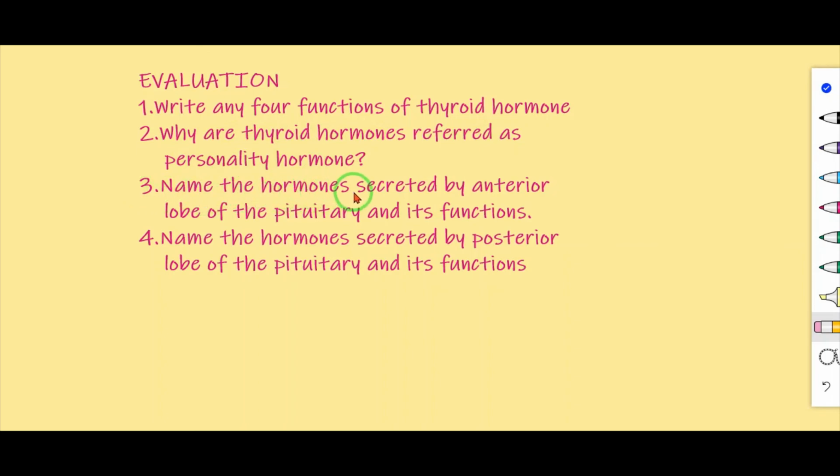Name the hormone secreted by anterior lobe of the pituitary and its functions. Number 4. Name the hormones secreted by posterior lobe of the pituitary and its functions. Learn these answers and write them in your notebook.